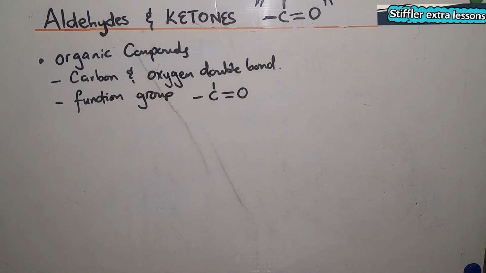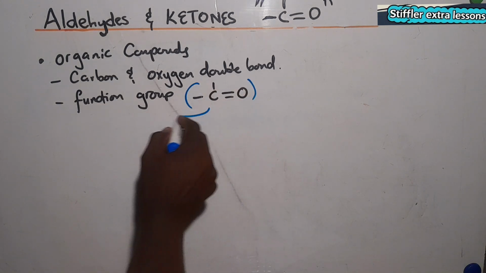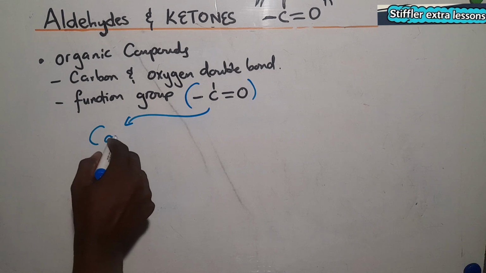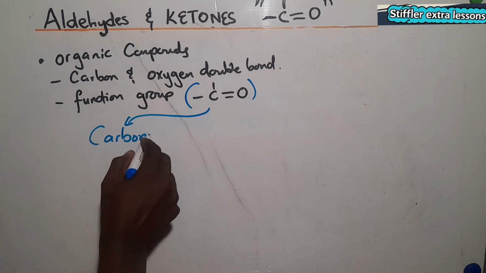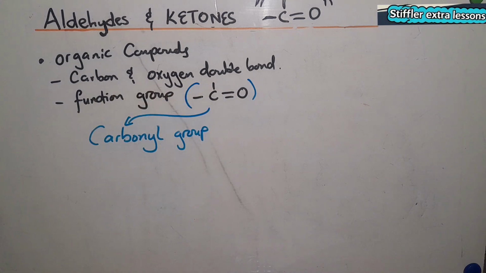So this functional group has a name. It is called the carbonyl group. This double bond between carbon and oxygen is called the carbonyl functional group.